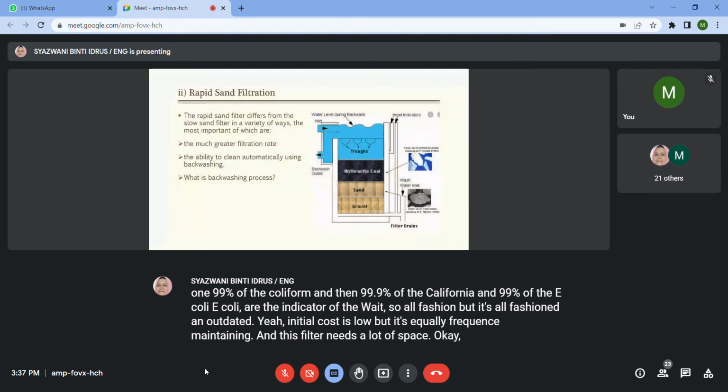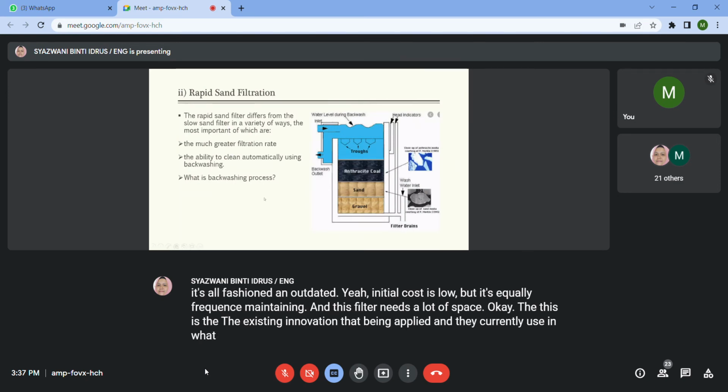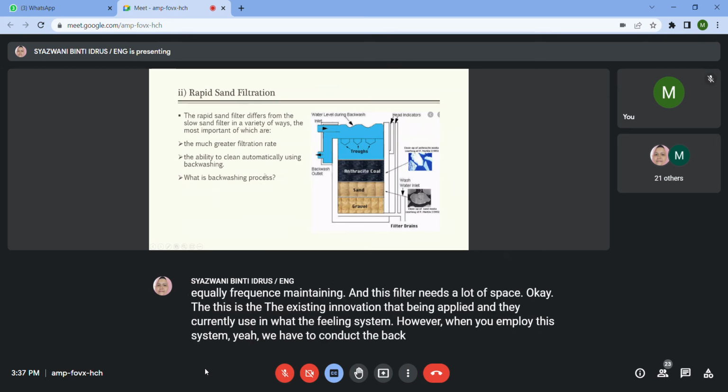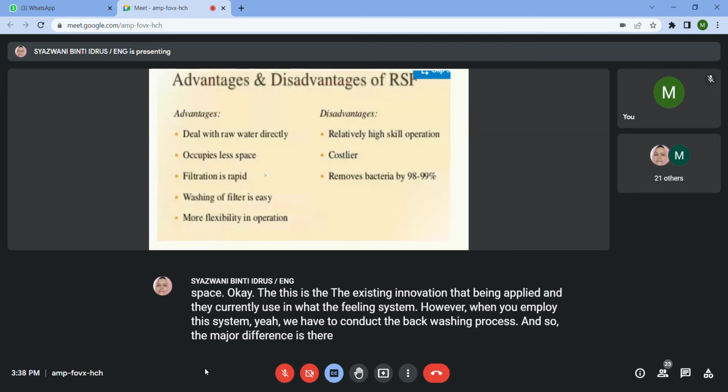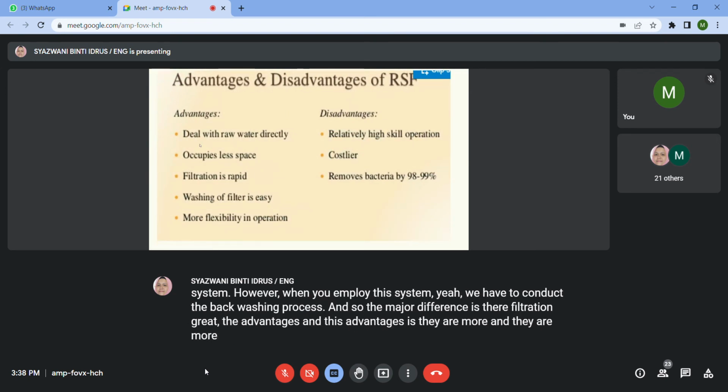Okay, this is the existing innovation that is currently used in water treatment systems. However, when you employ this system, we have to conduct the backwashing process. So the major difference again is the filtration rate. There are more advantages of applying rapid sand filtration.